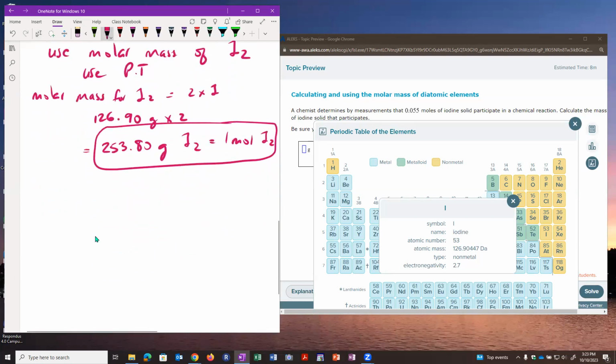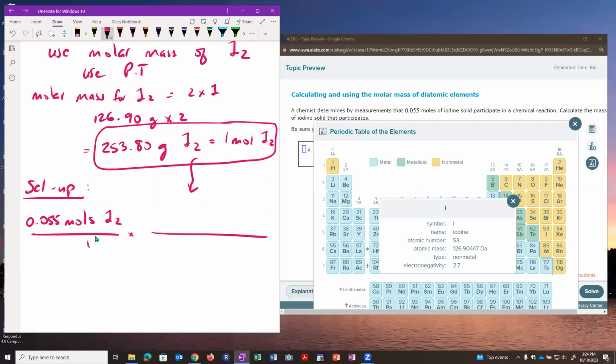When we set this up, again, we start with what's given. We're given the 0.055 moles of I2, put that over 1, and then we take our equality and stick it in here as a conversion factor. If we want to end up with grams as our unit, we put the grams on top, so 253.80 grams of I2 for every 1 mole of I2.